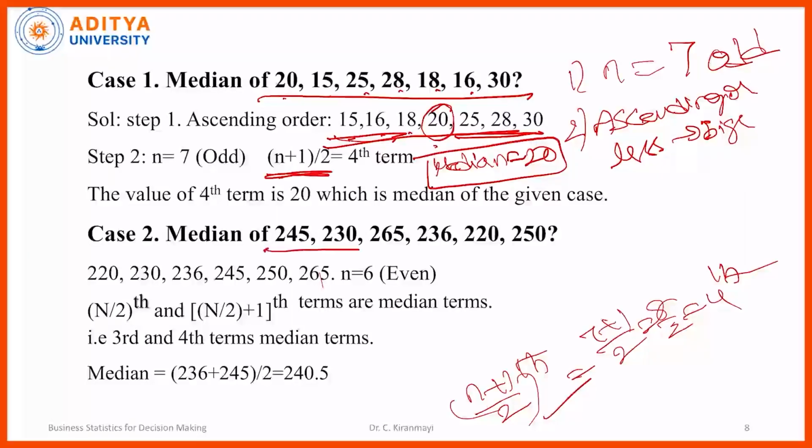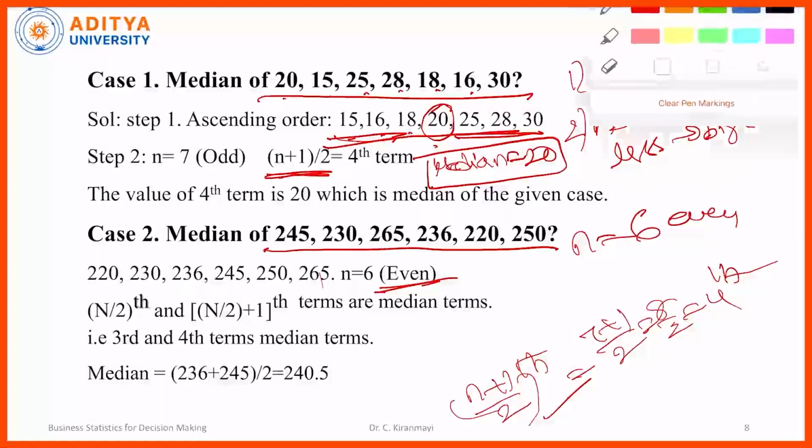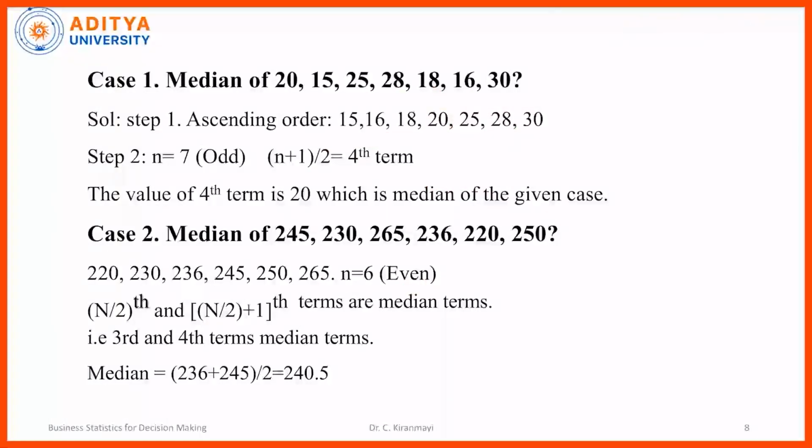And in case the observations are even, here the total number of observations is 6, which is even. In such a case, when the total observations are even, we have to use the formulas n by 2 and n by 2 plus 1.